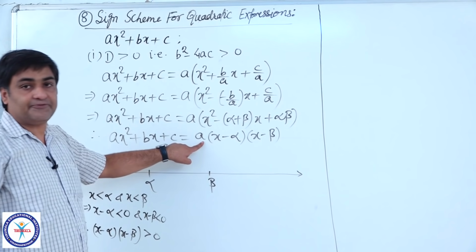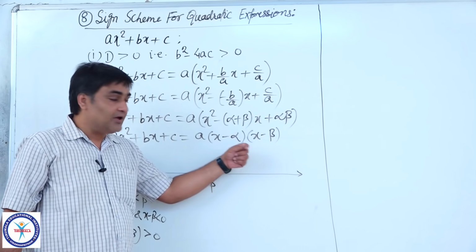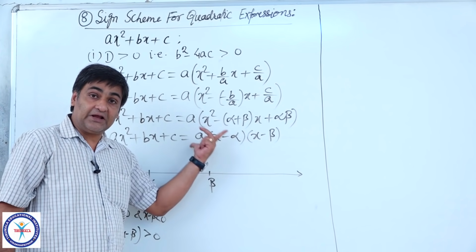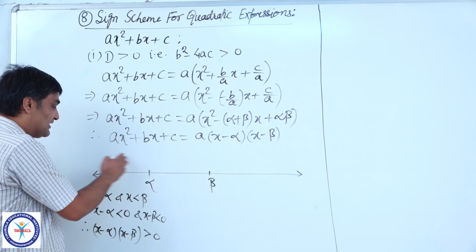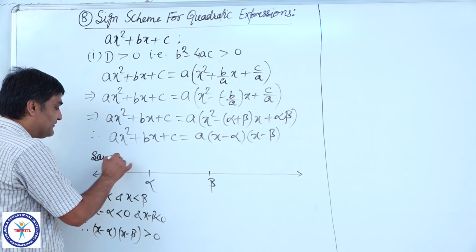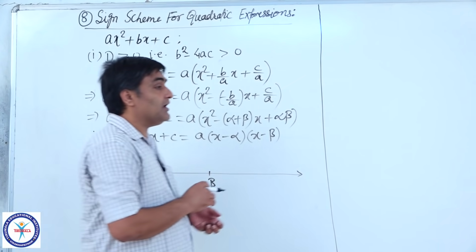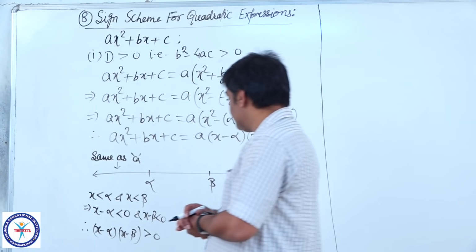If A is positive, what will be the sign? Positive. If A is negative, this is positive, so negative into positive, negative. Means if x lies in this region, the sign is same as A. And what is A? A is the coefficient of x square.